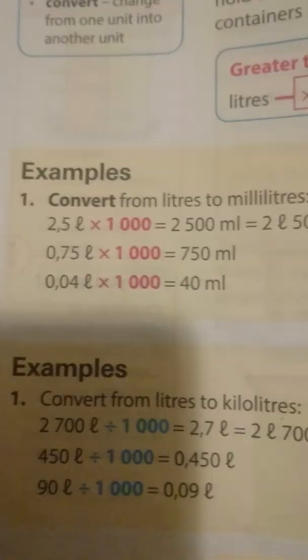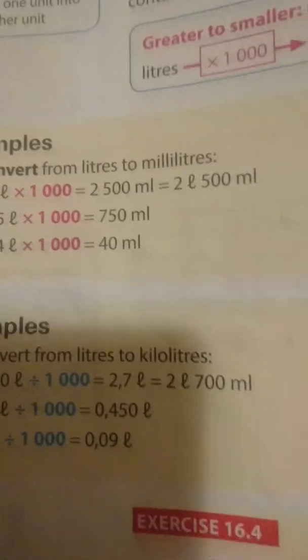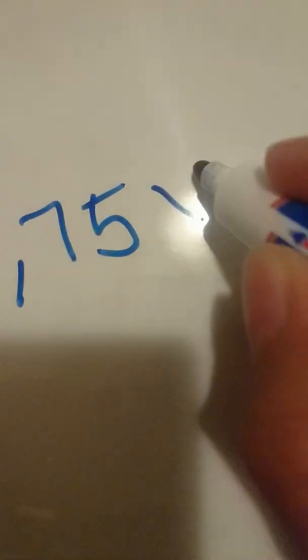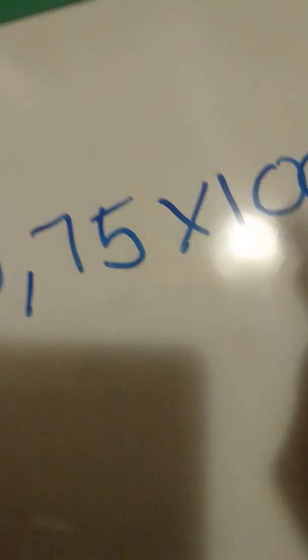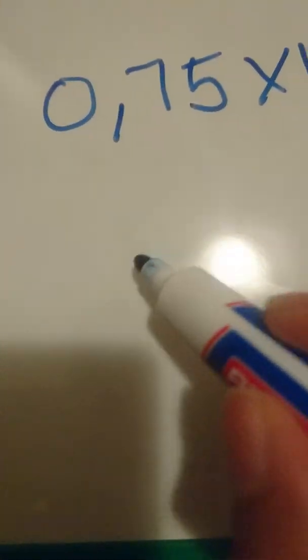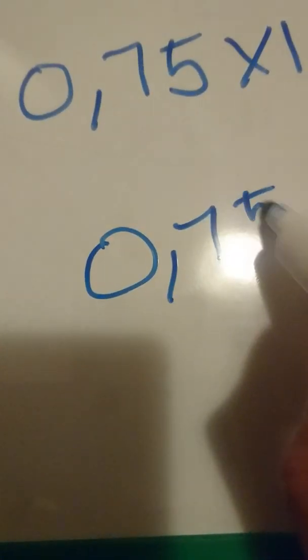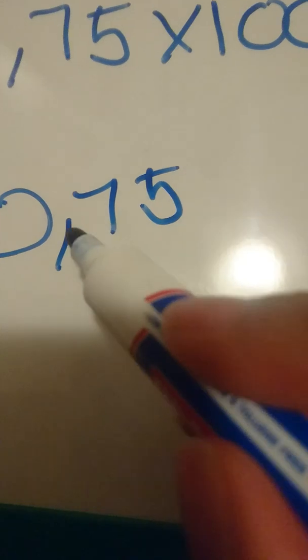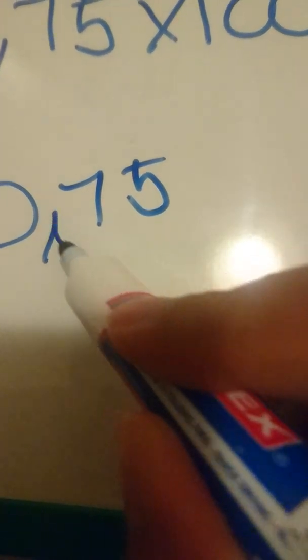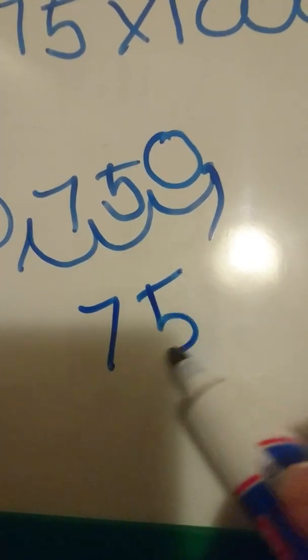So we are going to say 0.75 times 1,000. So we have 3 zeros, so we say 0.75. Our comma will move to the right because we are multiplying. So we move 1, 2, 3 spaces, the comma will go there, and we end up with 750. Okay?